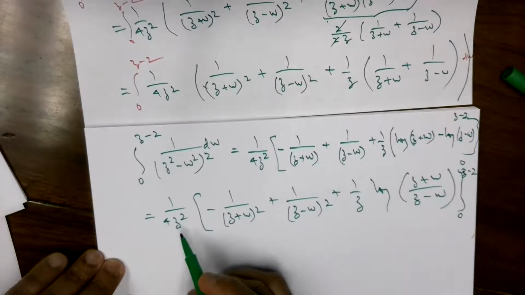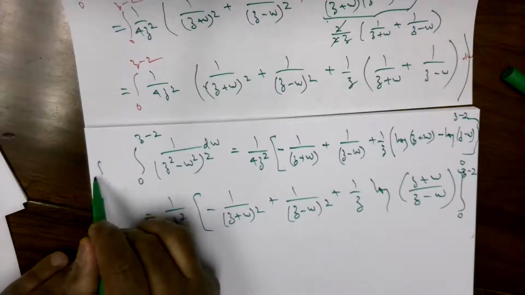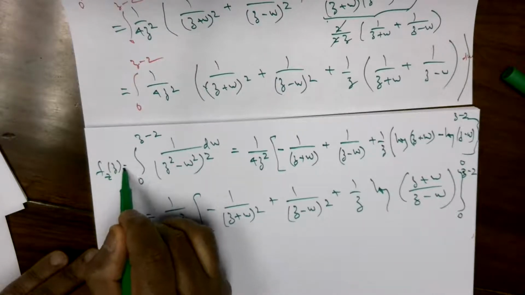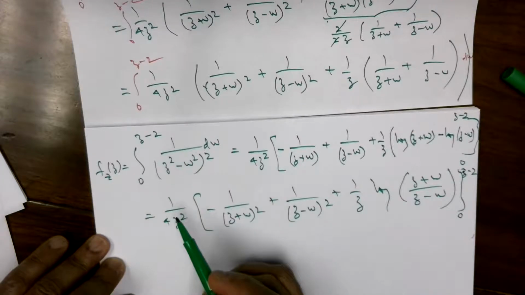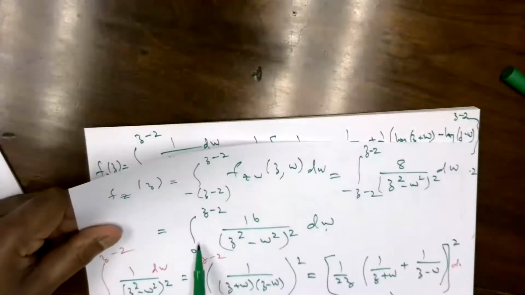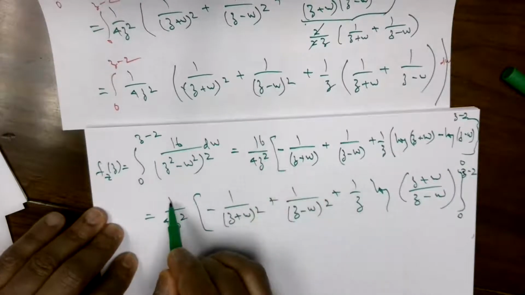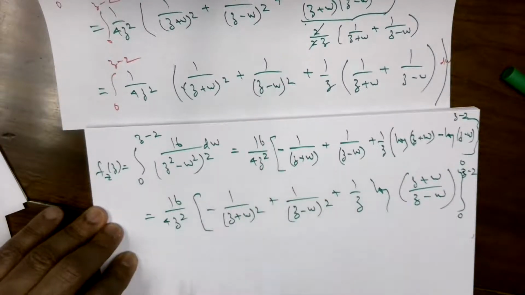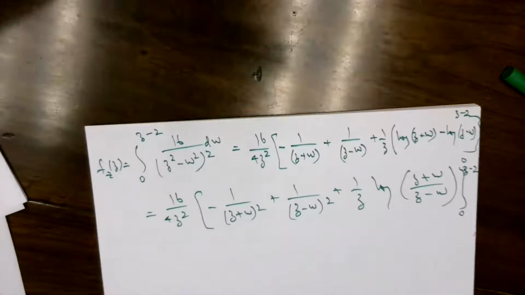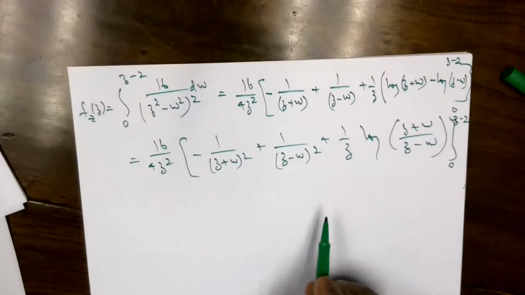All right, so if you want F_C, all you have to do is multiply by 16, right? Because F_C is here, so I'm going to multiply by 16. 16 here, 16 here, so 4 and 16 cancel off. So let's substitute the limits.